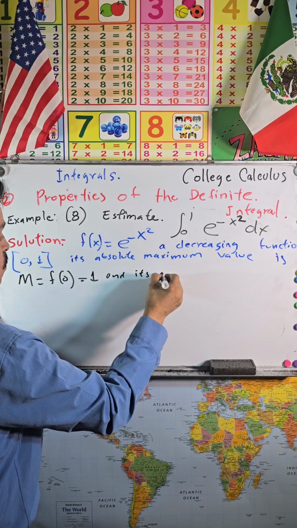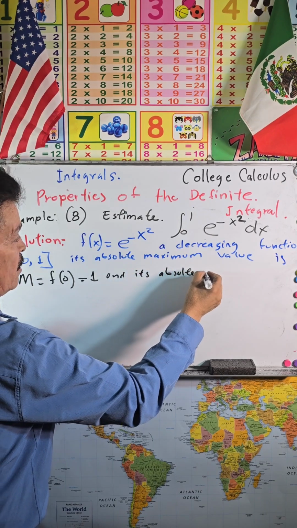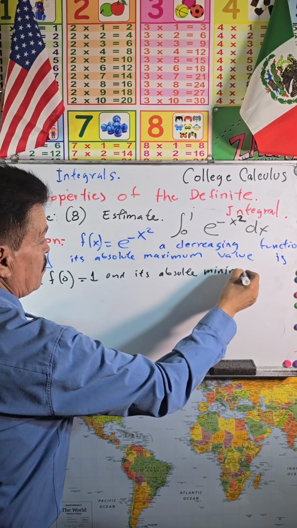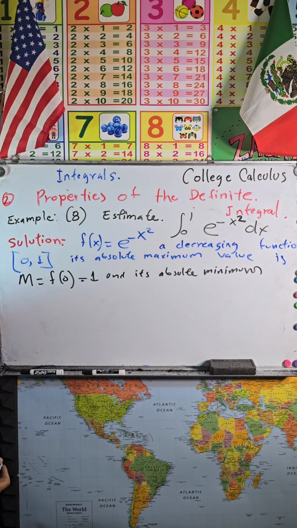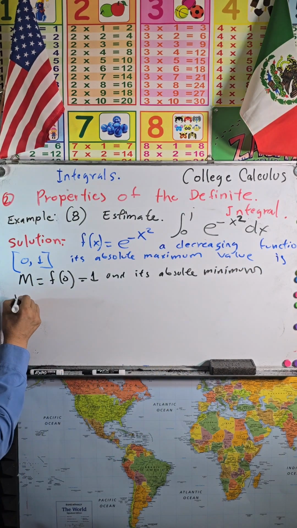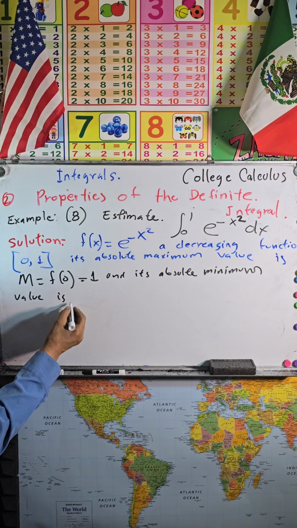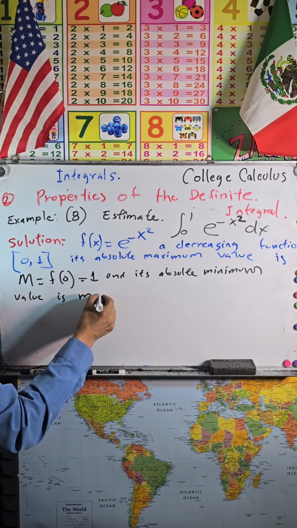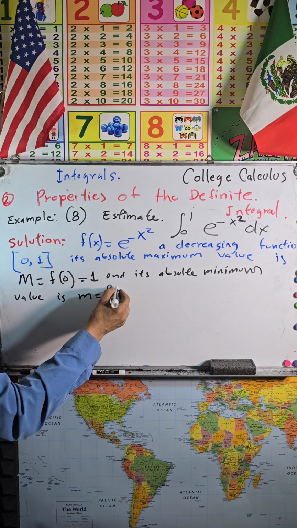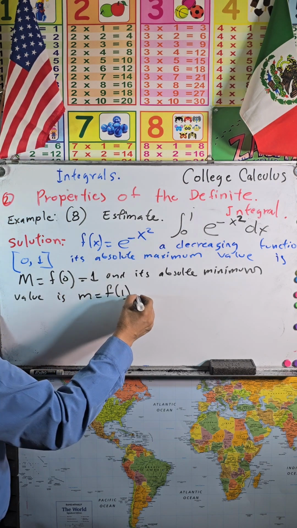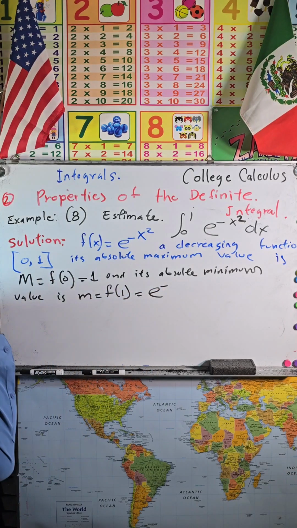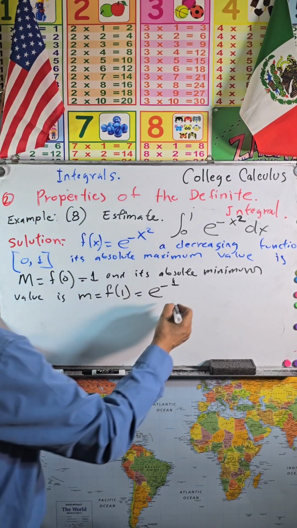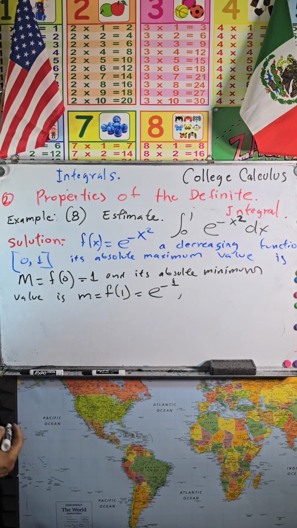The absolute minimum is m, of course, f of 1 equals e to the power negative 1. So that's property 8.